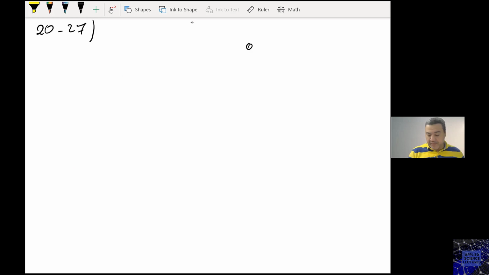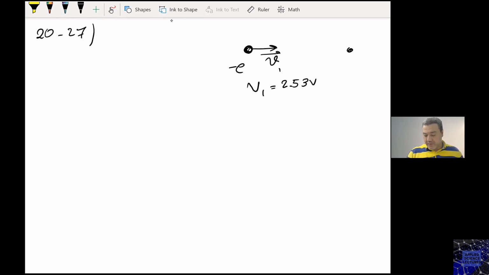So we have here an electron with a speed V1 and a potential of 2.53. At point B, the potential is 1.35 volts.